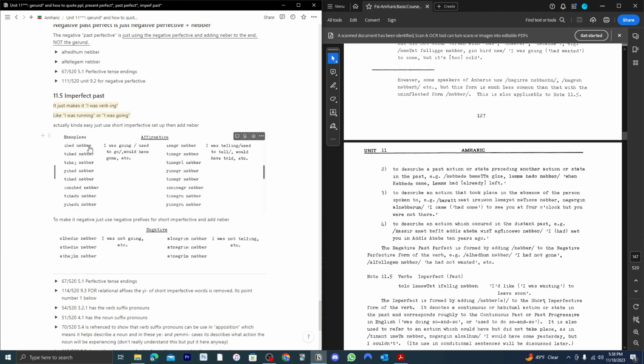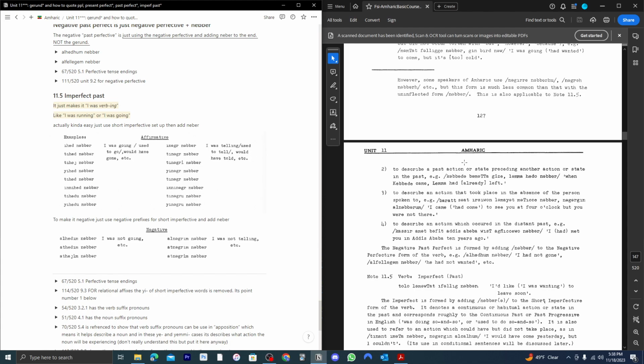You're just using the shortened perfective and then adding neber. So like ehid neber, I was going, and tehid neber is, I think, you were going. Tehij neber. Again, this is the palatal consonant thing being effective for you female. The D becomes a J. Tehij neber. You used to go, you would have gone, blah, blah, blah.